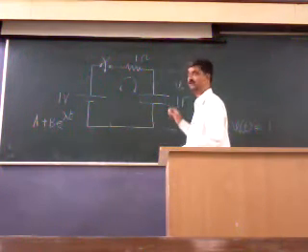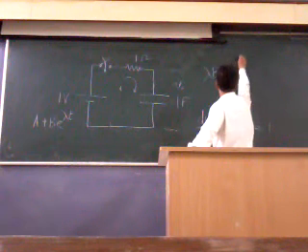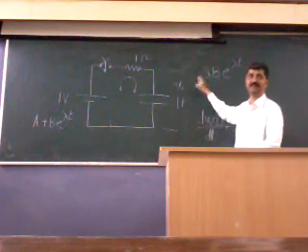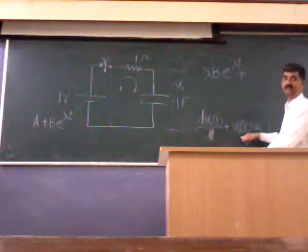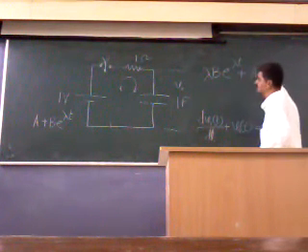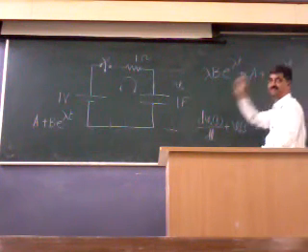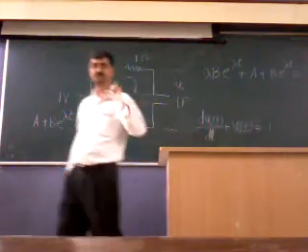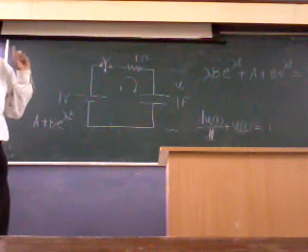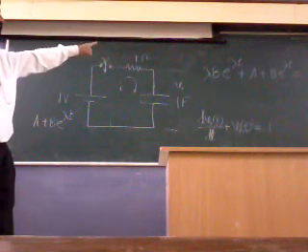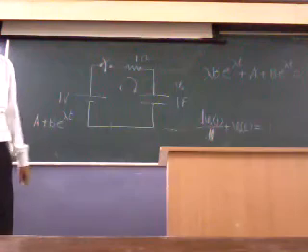d by dt is what? Lambda b e raised to lambda t plus what? Plus a plus b e raised to lambda t, that is equal to 1, right? Is it clear? We are solving by the brute force method. Lambda b e raised to lambda t plus a plus b e raised to lambda t is equal to 1.